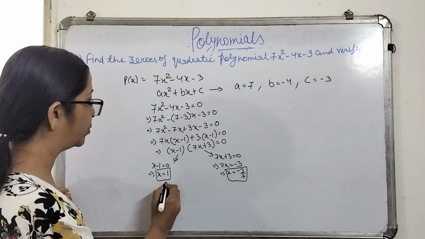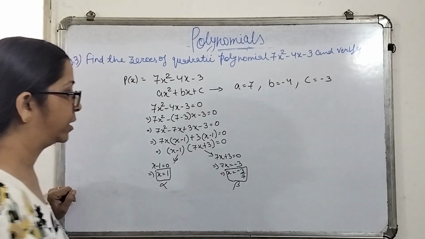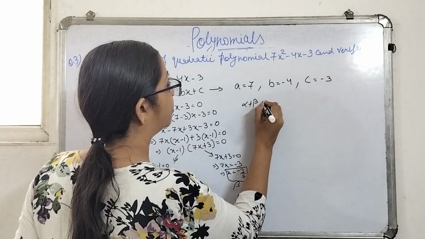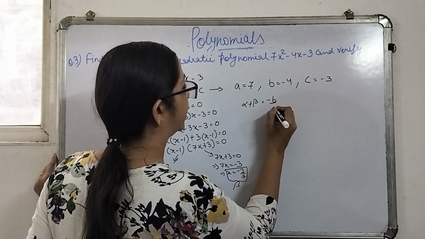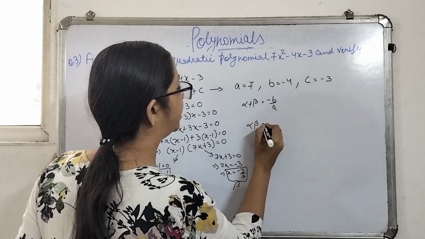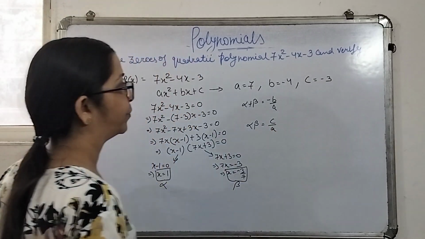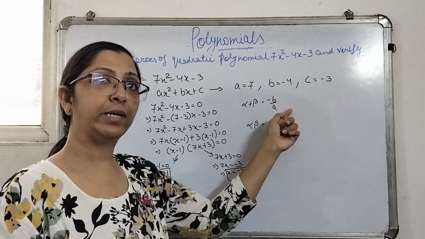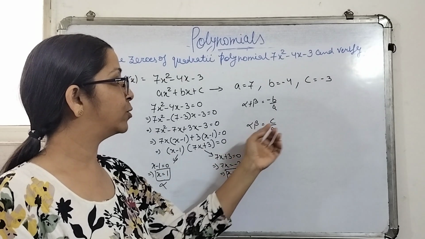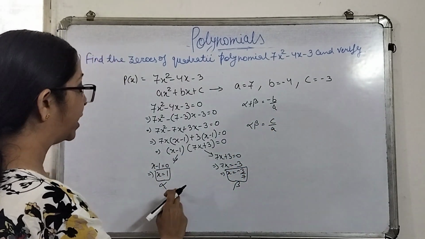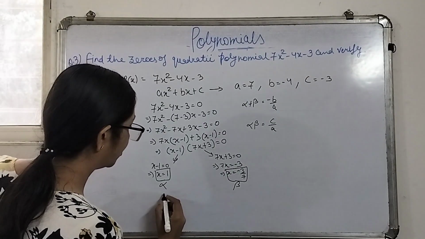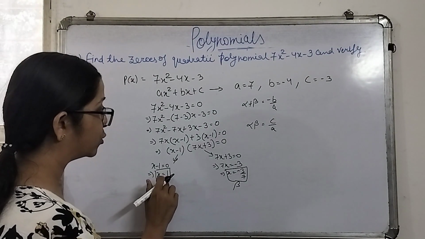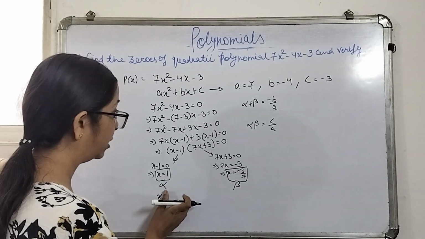Now assuming this to be alpha and this to be beta, for verification, alpha plus beta should be equivalent to minus b by a and alpha beta should be equivalent to c by a. We have learnt already that the sum of the zeros is minus b by a for a quadratic polynomial and the product of the zeros is c by a. Now if we add these two, the value of x over here is 1 and the value of x over here is minus 3 by 7.